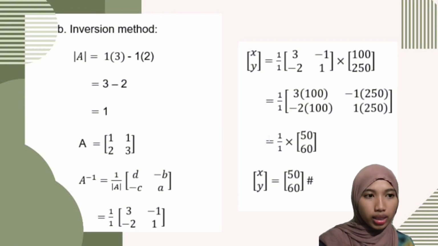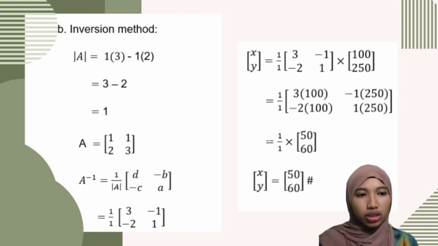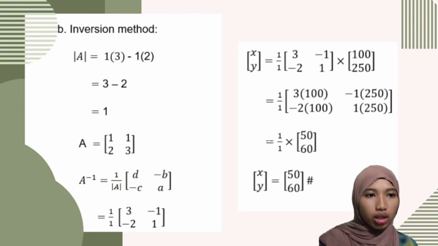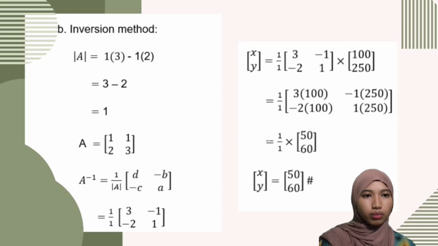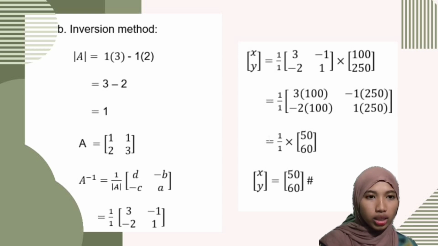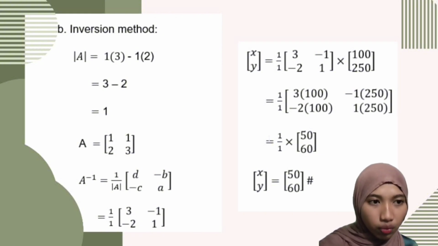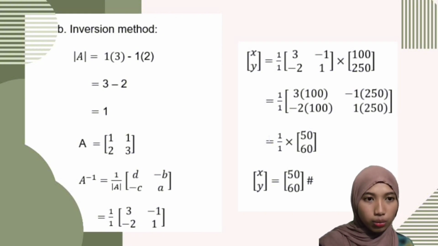We need to know that the matrix we fill is from the equation, matrix A. The inverse is 1 divided by 1 times the matrix A we need to invert, so negative 1 positive becomes negative 1, and positive 2 becomes negative 2.